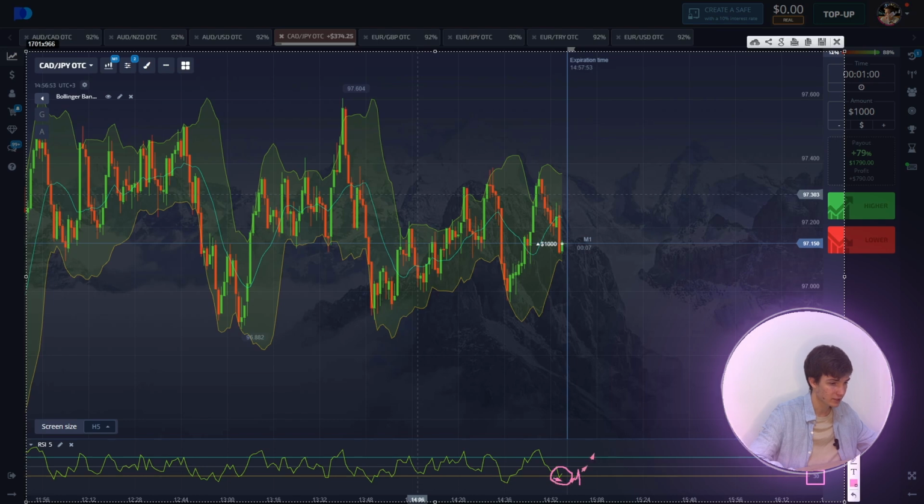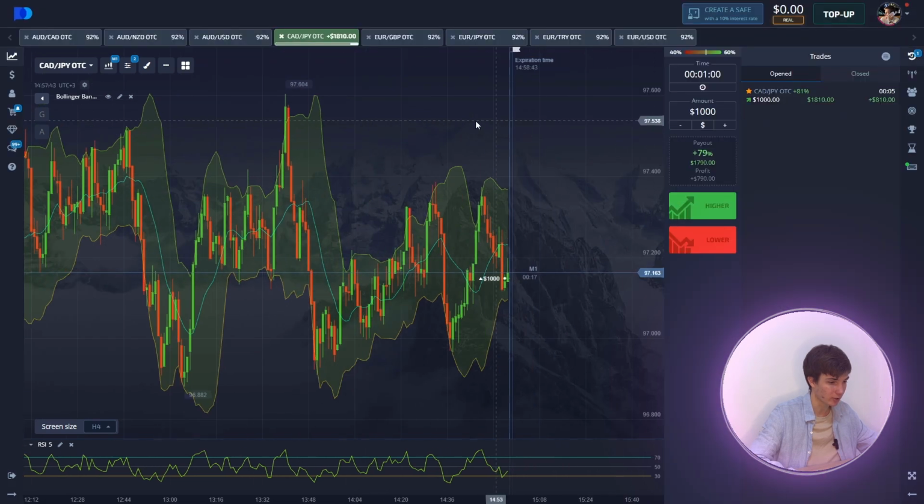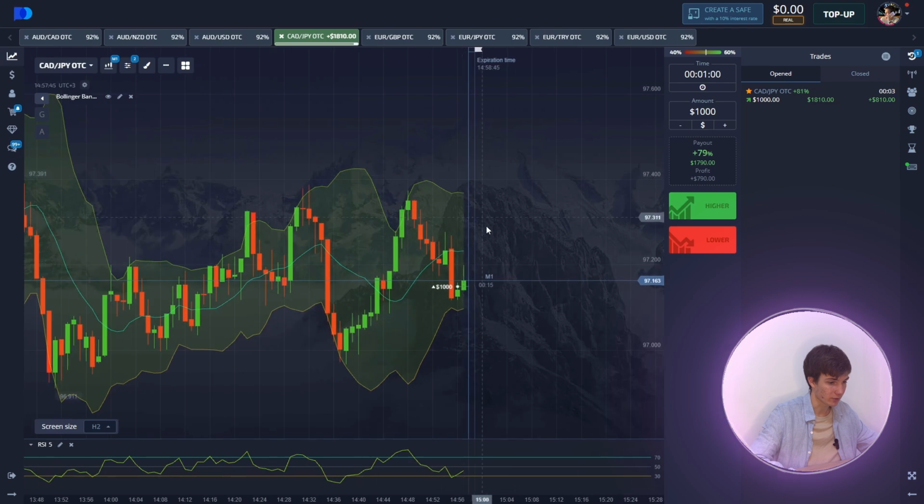Here we see a nice correction, and considering the nature of the price movement, we can consider that the price reversal did happen here, as well as the touch of the lower boundary of the channel. And this is the second signal. Actually, this one is not 100% sure, but still, we watch the RSI, the price dynamics and open a long, and we are going to wait for the outcome.